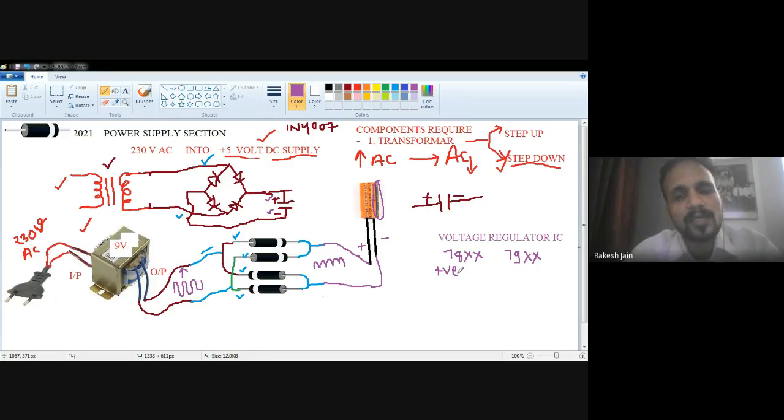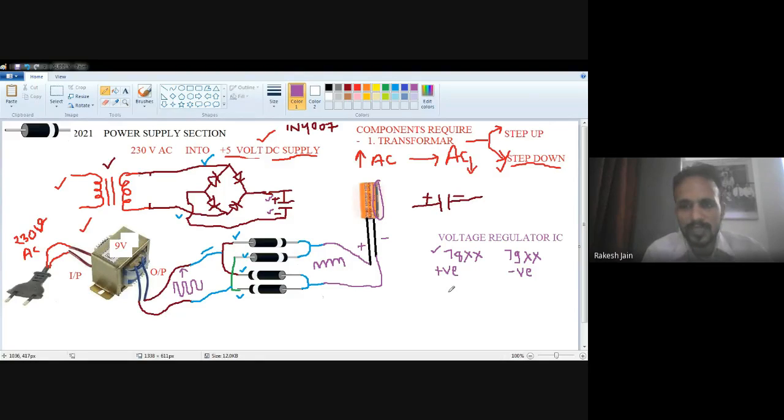For example, if I require plus 5 volt DC, I have to purchase the 78 series. If I require a negative voltage, for example minus 9 volt, then the 79 series, those ICs which have 79 numbers, are related with the negative supply.